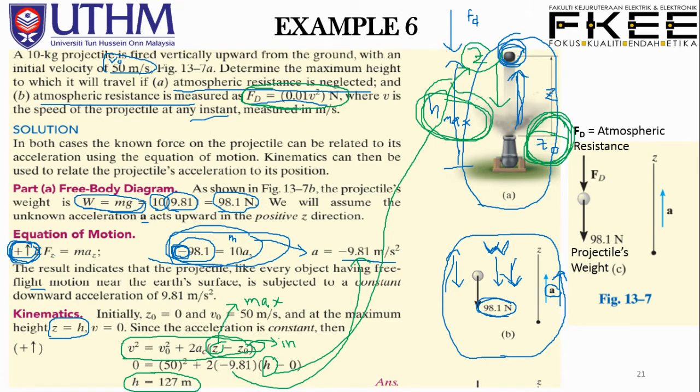Okay, we try to calculate the height of the projectile. Again we need to find the height of the projectile over here, H max or Z. Now, considering the atmospheric resistance, which is measured as Fd equal to 0.01 v squared, where v is the speed of the projectile.